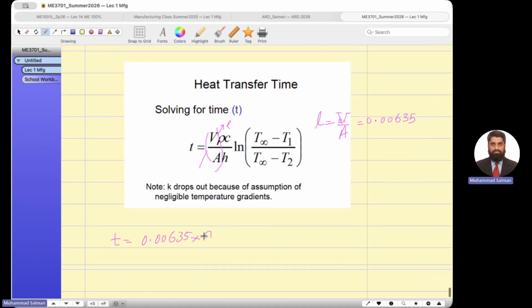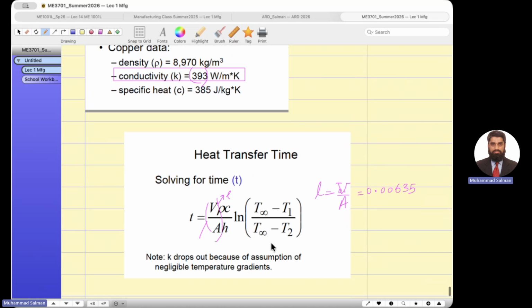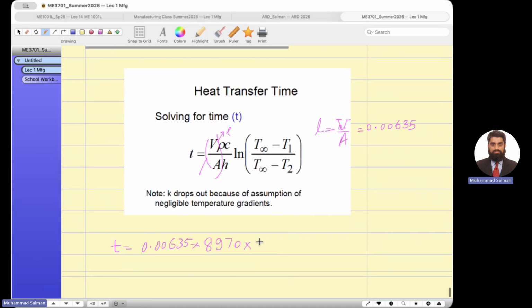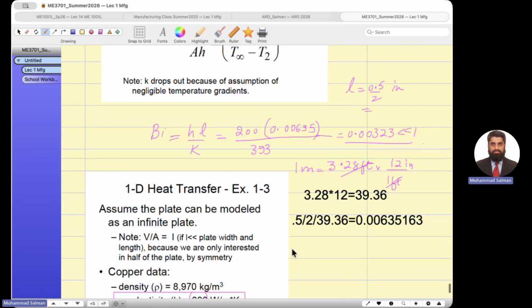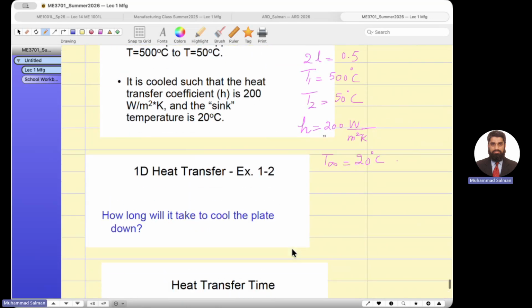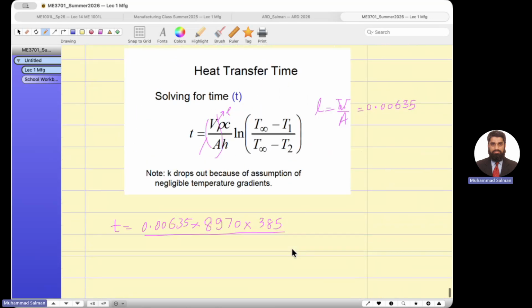That's the density of the material. Specific heat is how much? 385 joules per kilogram per Kelvin. 385 divided by the overall heat transfer coefficient. How much was that? 200. Almost there.